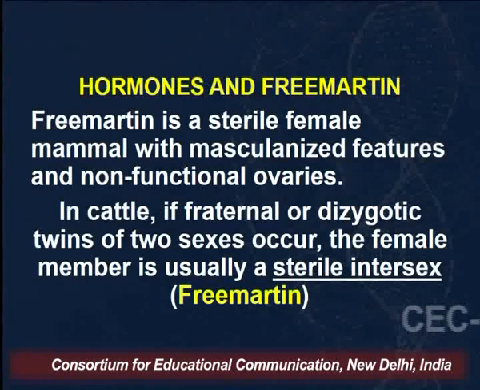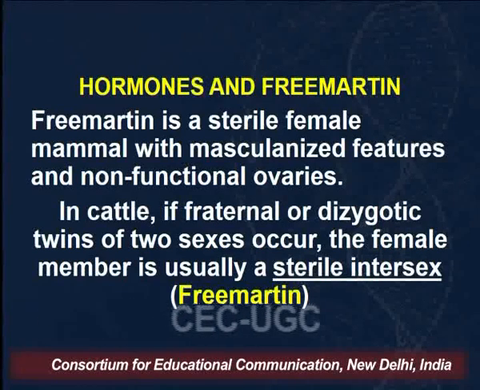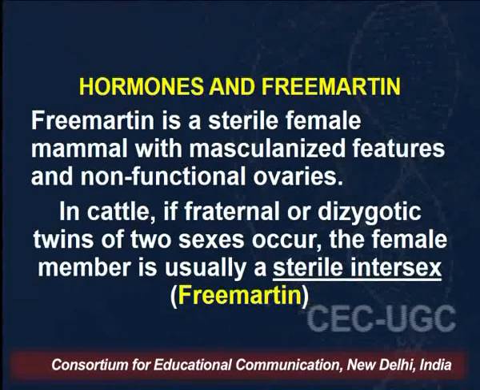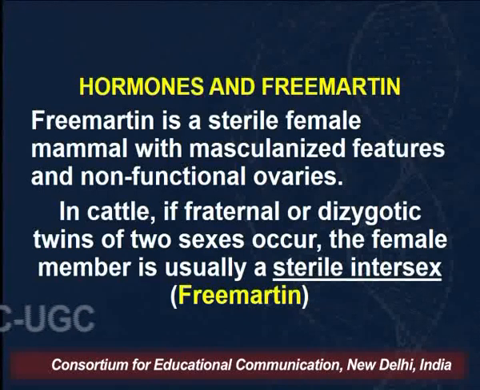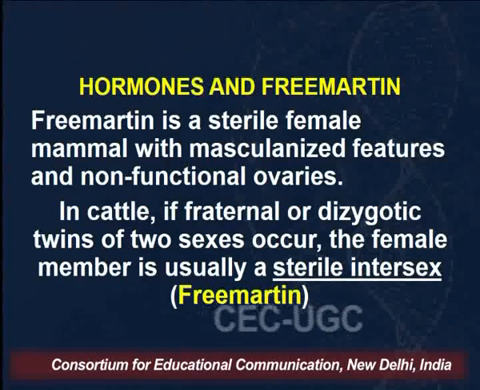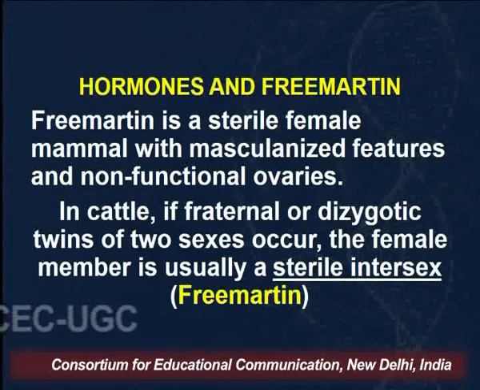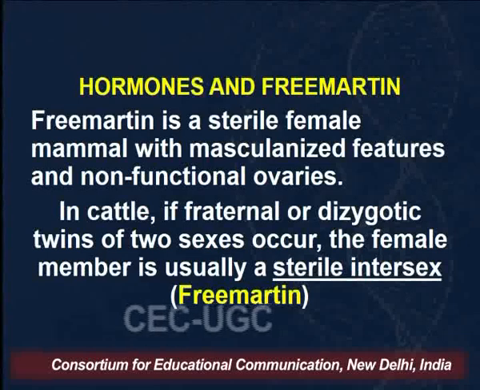Another very classical example, which is also, I think, one of the most important from the examination point of view, is the function of hormones and the origin of freemartins. A freemartin is actually nothing but a sterile female mammal with masculinized features and non-functional ovaries.